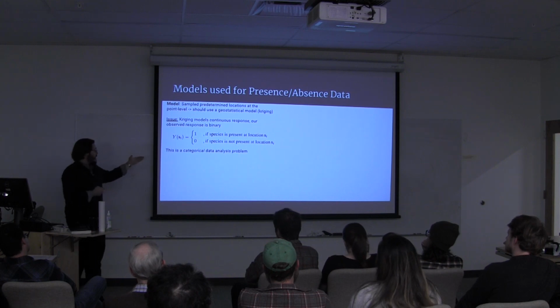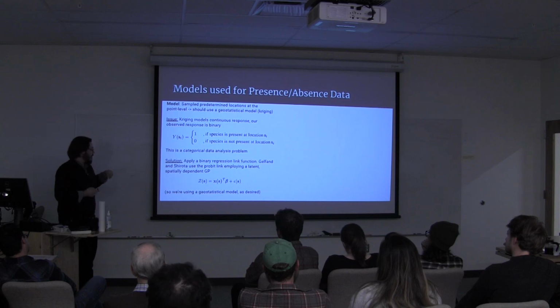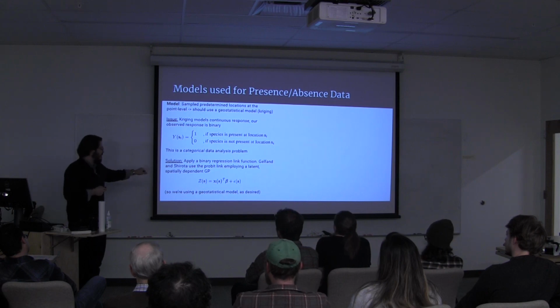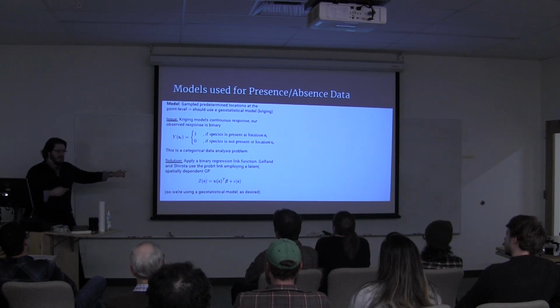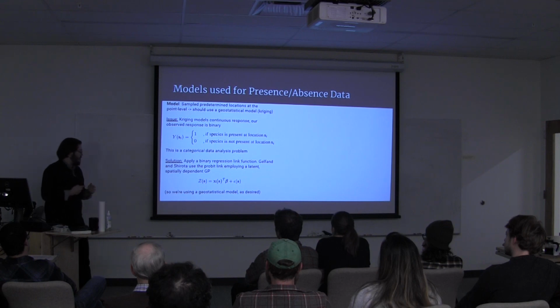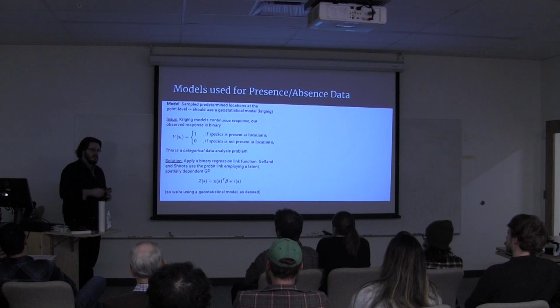What that means is that we have a categorical data analysis problem. And just like any other categorical data analysis problem, you fix it by applying some kind of fancy link function that would serve your purposes. So you might use a logistic regression, logit link here. Gelfand and Schroeder use a probit link, which I think is pretty elegant, and that's what we're going to be using for the rest of this presentation.